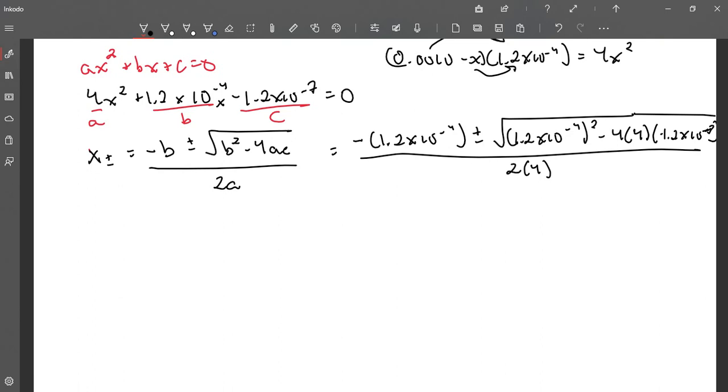Because of this positive and negative, you're going to get two values. So go ahead and solve this.